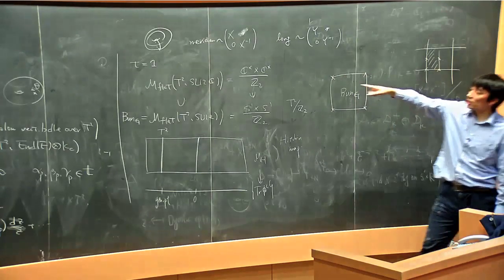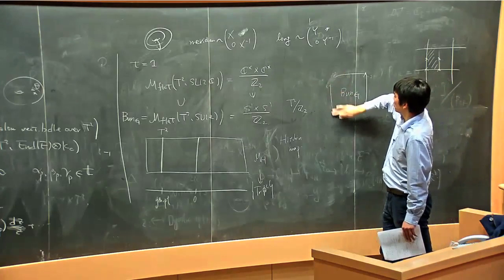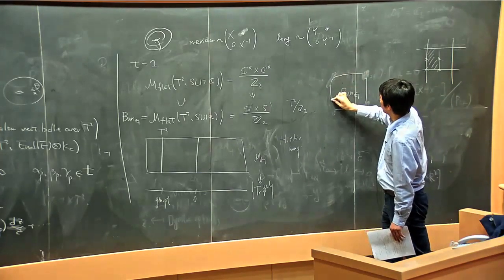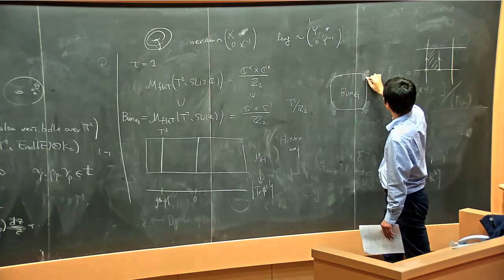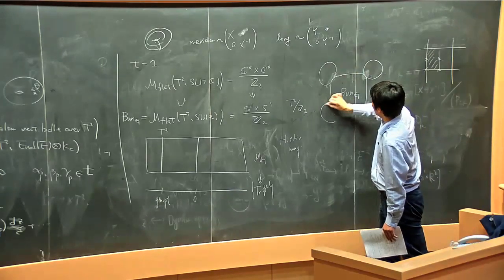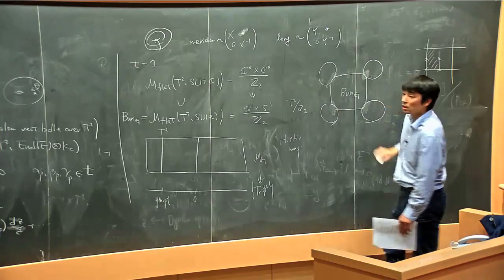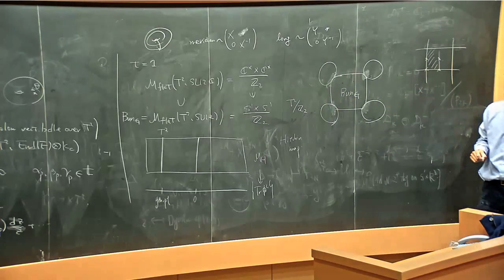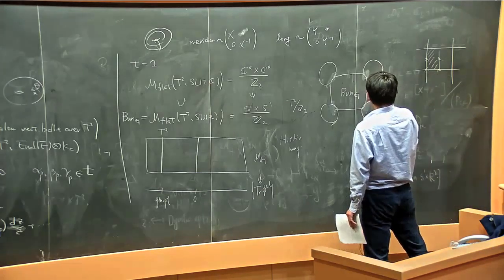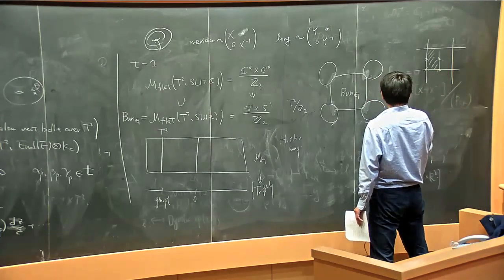Once you turn on the t parameter, these four singularities become smooth, and compact divisors will appear. These are topologically S2.